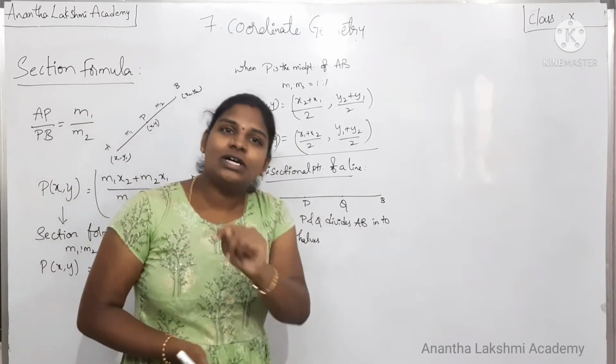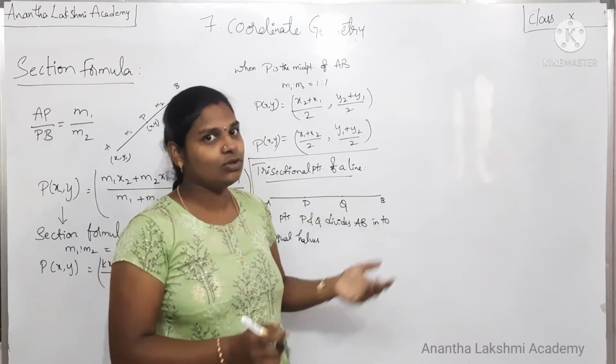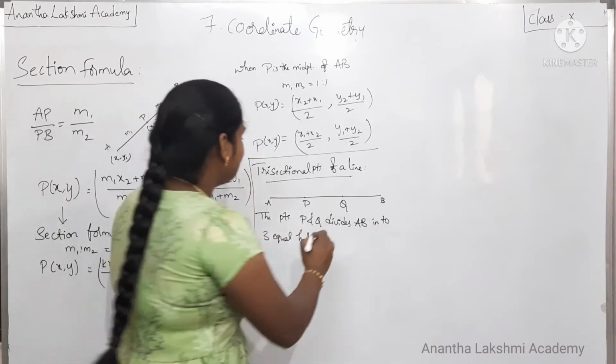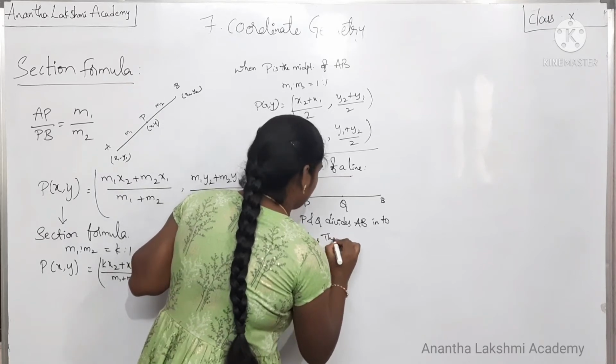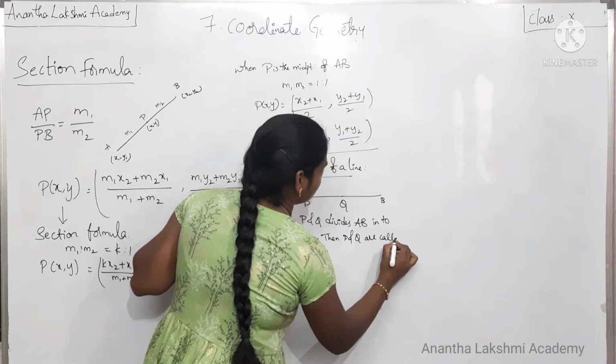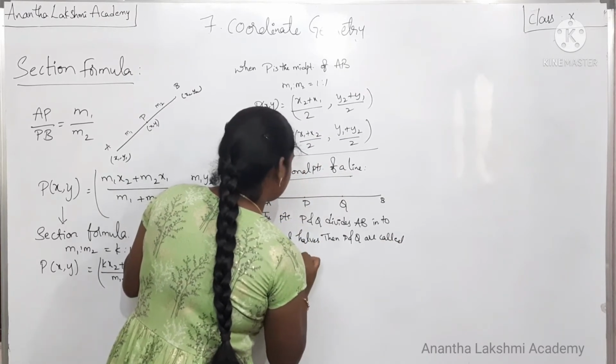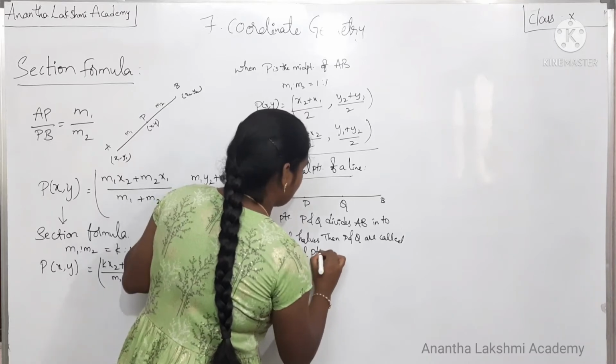Then P and Q are said to be the trisectional points of AB because they are dividing it into 3 equal parts. Then P and Q are called trisectional points. Trisectional points of which line?